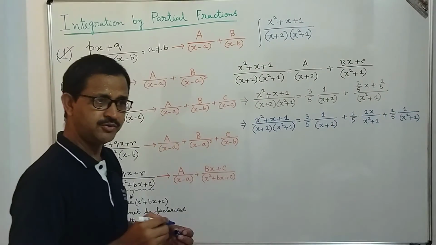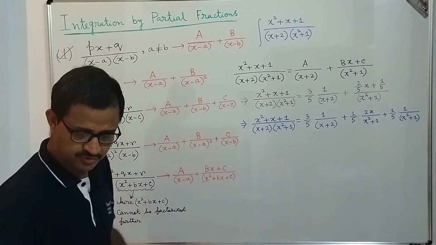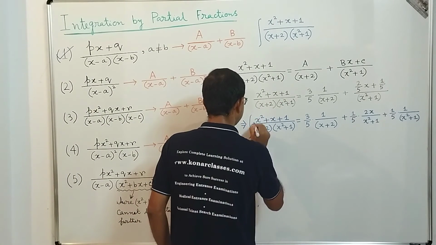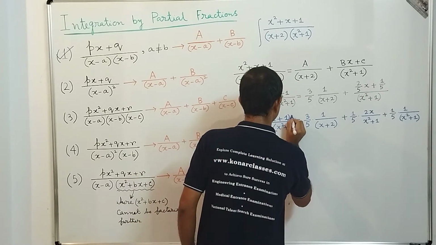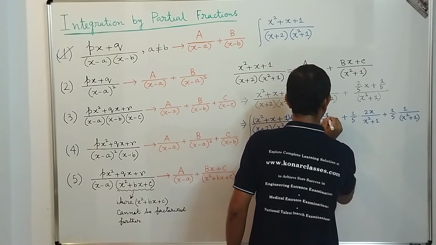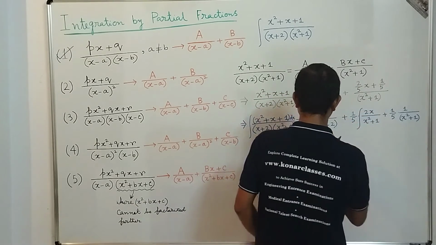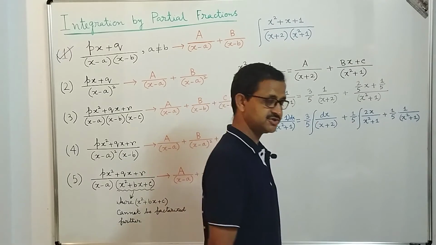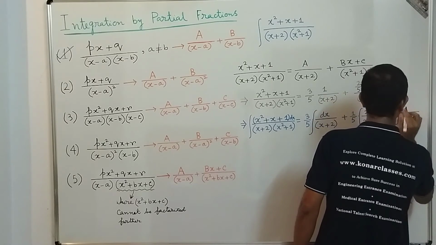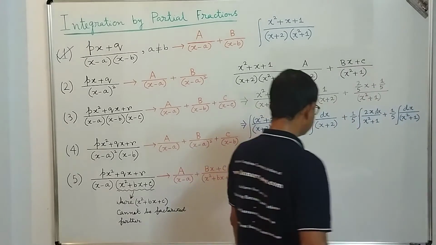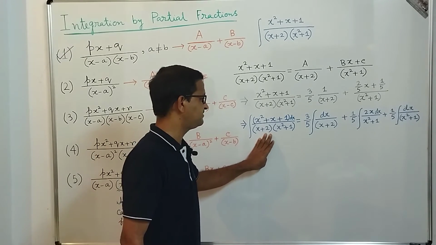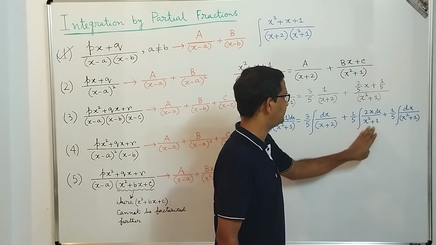Now we are going to perform the integration. So the integration of x square plus x plus 1 dx is equal to 3 by 5 into the integration of dx by x plus 2, plus the integration of 2x dx, and here also the integration of dx. All these constants we can take outside of the integration. Performing the integration of the left hand side is nothing but performing the integration of all these individual ones.